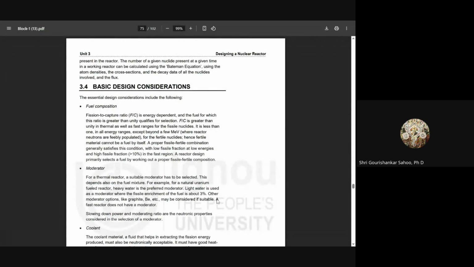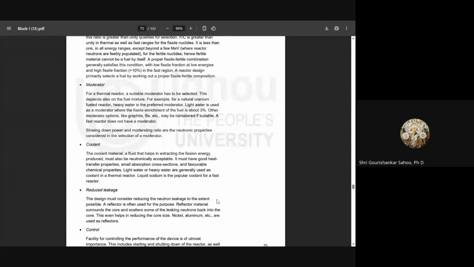For designing a nuclear reactor, you have to be well acquainted with some basic things: fuel composition, moderator, coolant. When it is a thermal reactor, it will heat up, so you need to cool it.